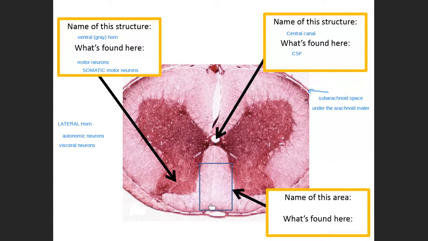Last part of the spinal cord I asked us to label is this part, and really just the white matter in general. When we talk about the white matter of the spinal cord, there was a fancy, not English word from lab that I mentioned, but then we also have an easier word that we're going to use more in lecture. What do we call the white matter of the spinal cord? What is the white matter arranged in?